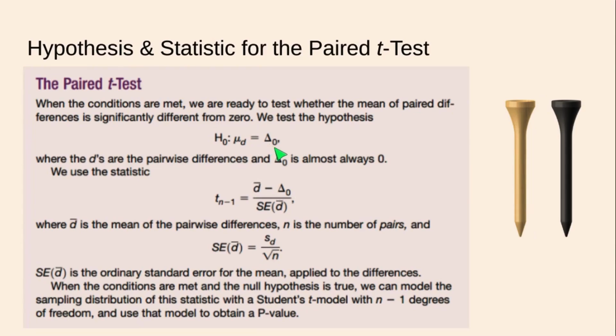Delta is a symbol for change in mathematics, so change between before and after. But in the null hypothesis, you can assume delta sub 0 is 0. So you might as well just put a 0 right there. The mean difference equals 0.